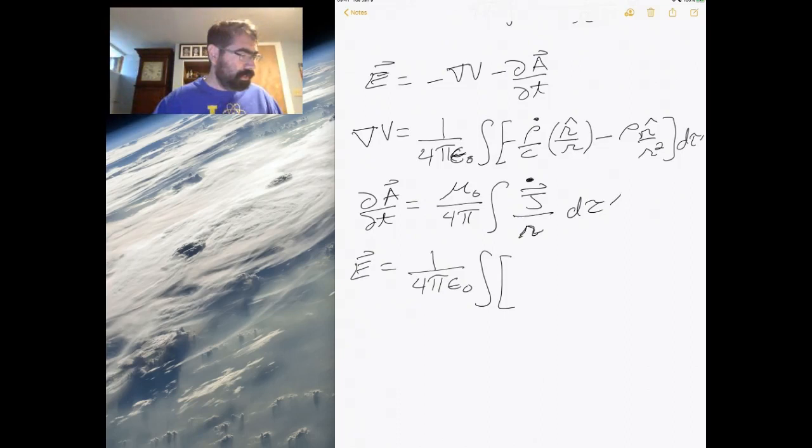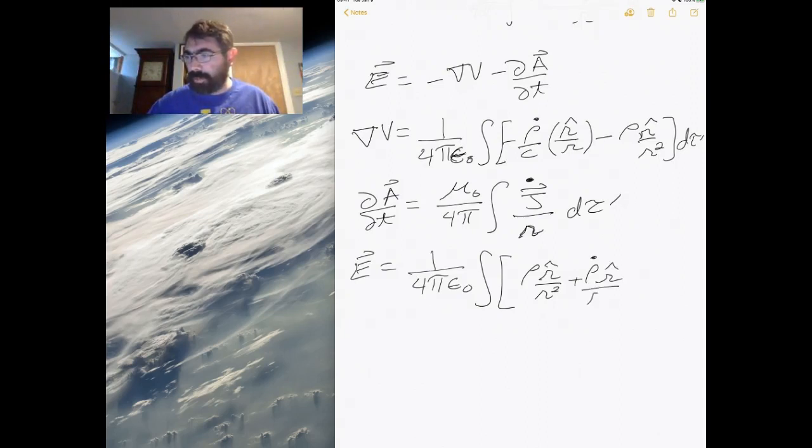It's minus the gradient of V, so the minus sign cancels, and I get a positive rho r hat over r squared, plus rho dot, the time derivative of rho, r hat over r, minus, so we get the minus sign from the definition of the electric field right here, j dot, the time derivative of j, over c squared r, and then we integrate all of that over the volume in the primed system.